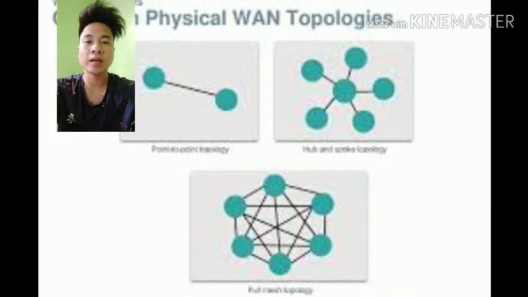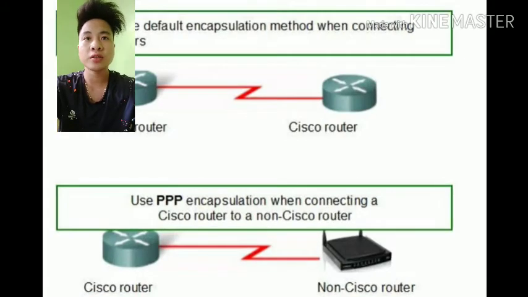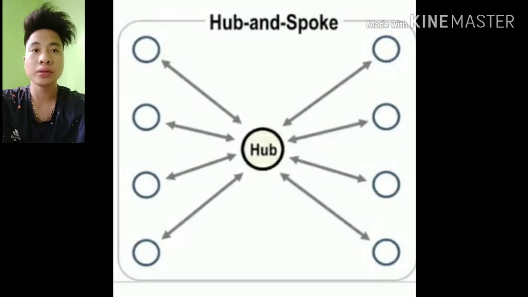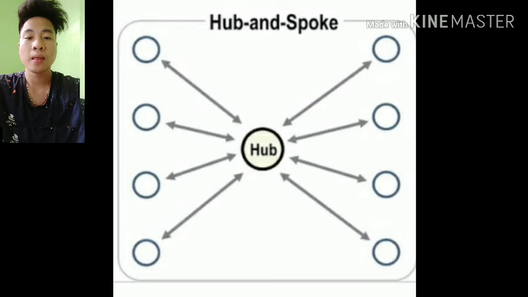Common physical WAN topologies. Point-to-point: this is the simplest topology that consists of a permanent link between two endpoints. For this reason, this is a very popular WAN topology. Hub and spoke: a version of the star topology in which a central site interconnects branch sites using point-to-point links.